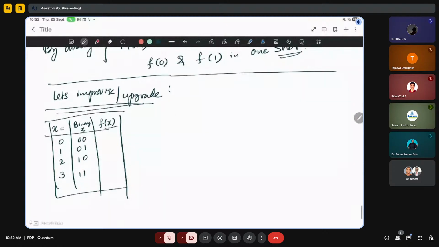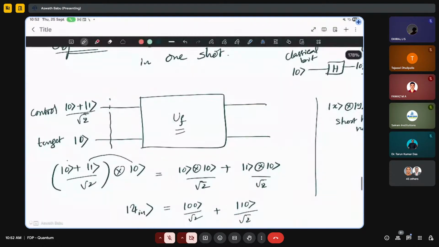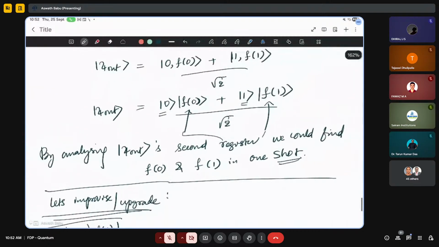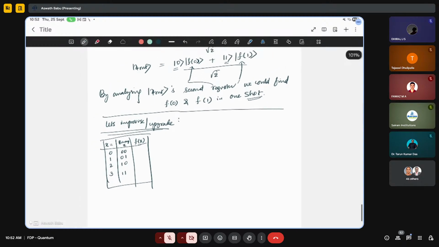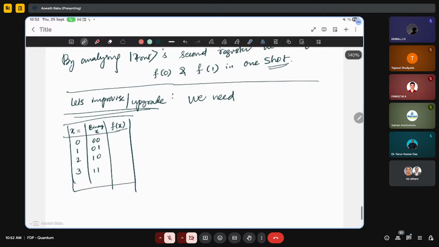Earlier, I was feeding a superposition state as a control, which allowed me to give two functional values in one shot. Now the question is, I want to have four functional values at a time. The only trick we will be doing is, since to feed the four numbers we would be needing two qubits.